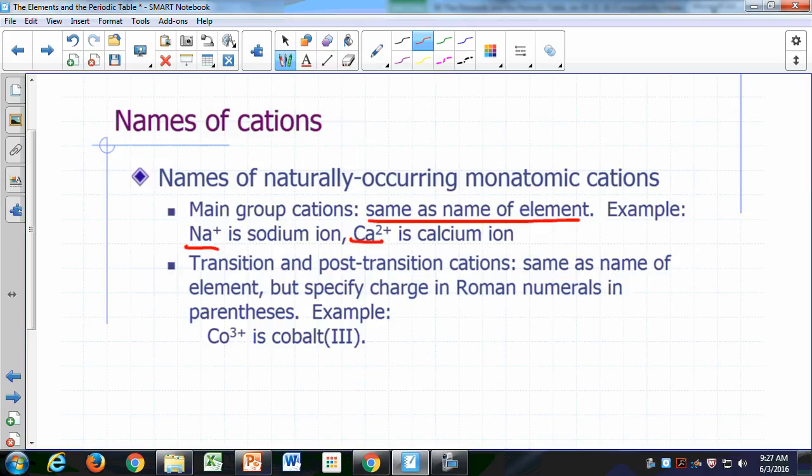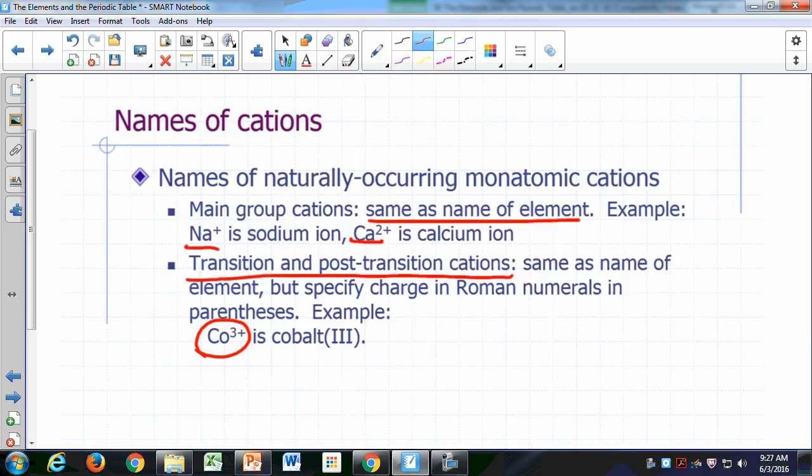Now, transition and post-transition elements: because you can get more than one possible charge for their cations, you have to specify the charge in Roman numerals to name it. For example, cobalt can be +2 or +3.